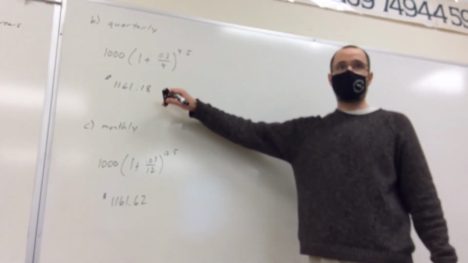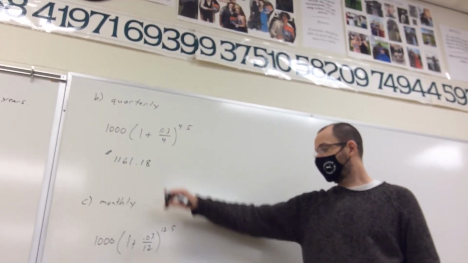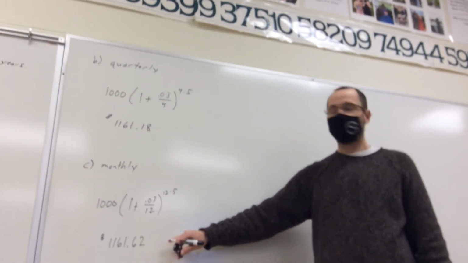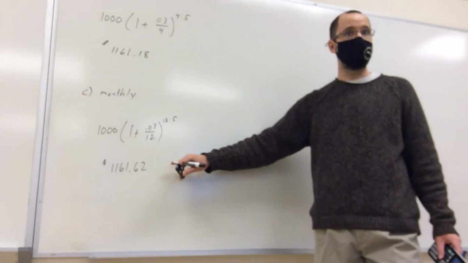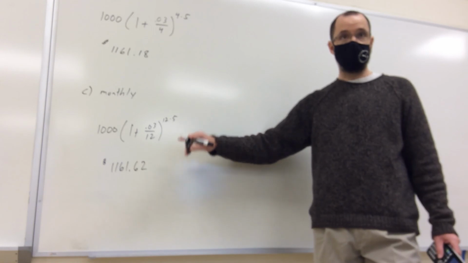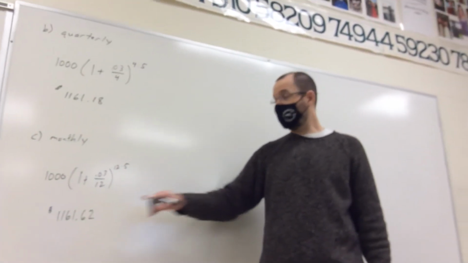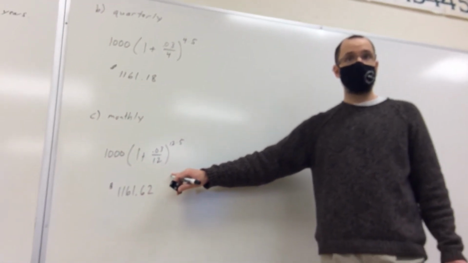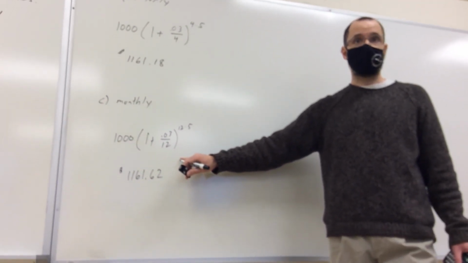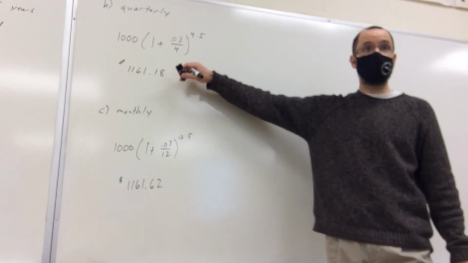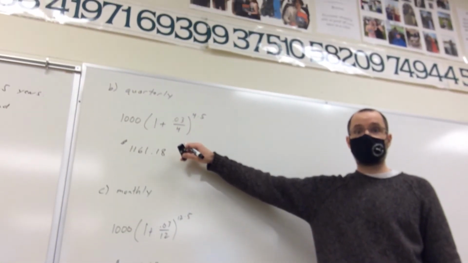So not very much more, right? 44 more cents. But the reason it's a little bit extra is because during month 2 here, you're earning interest on more than $1,000, whereas on month 2 here, you're only earning interest on $1,000.